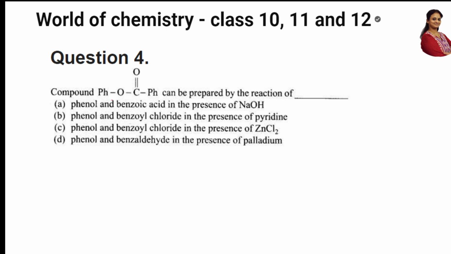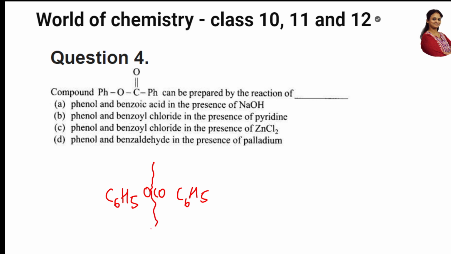Now I want this, both these are phenyl rings. Shall I write it expanded: C6H5OCOC6H5. Okay, I want this compound to be prepared. Now in this case, just cleave this bond exactly here.